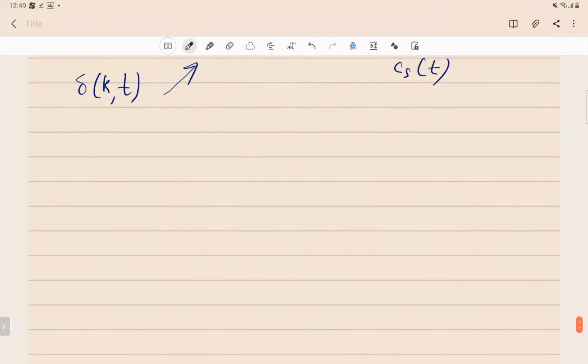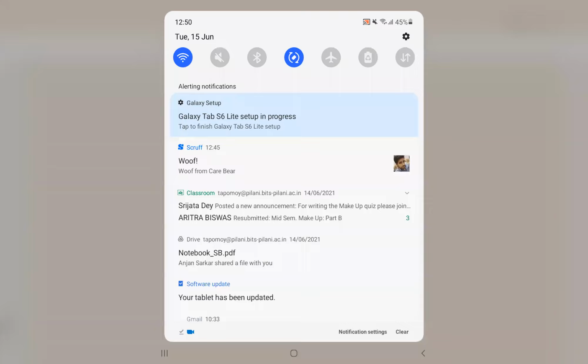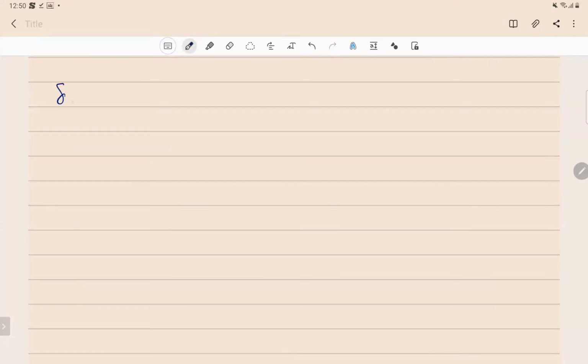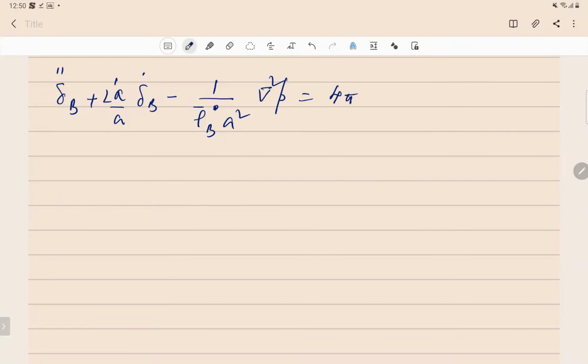Good. Okay, now let's go back to our full equation, and let's now actually talk about baryons. For baryons, we have delta baryon double dot plus twice A dot by A delta baryon dot, minus 1 by rho baryon bar, A square del square P, equals the source, which is now 4 pi G rho bar dark matter delta dark matter, and this is something which we had said.